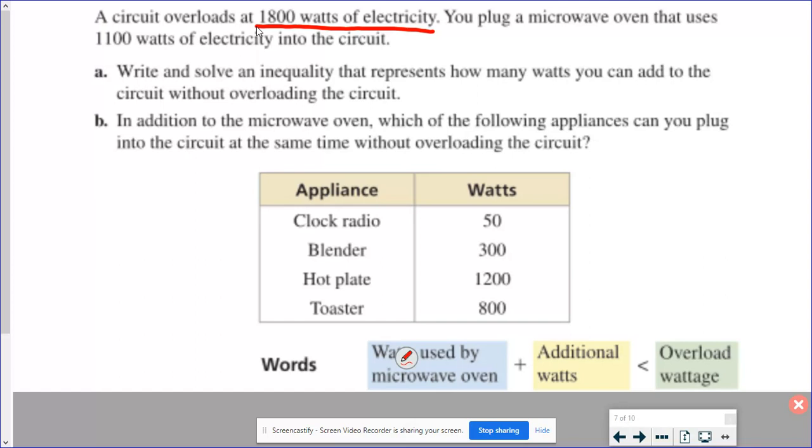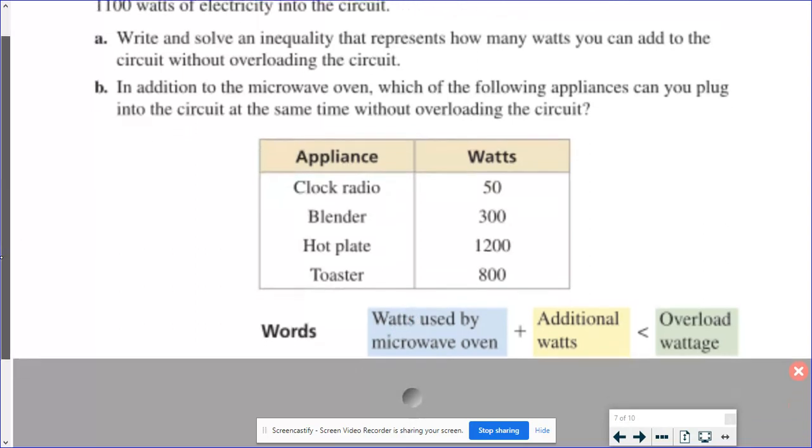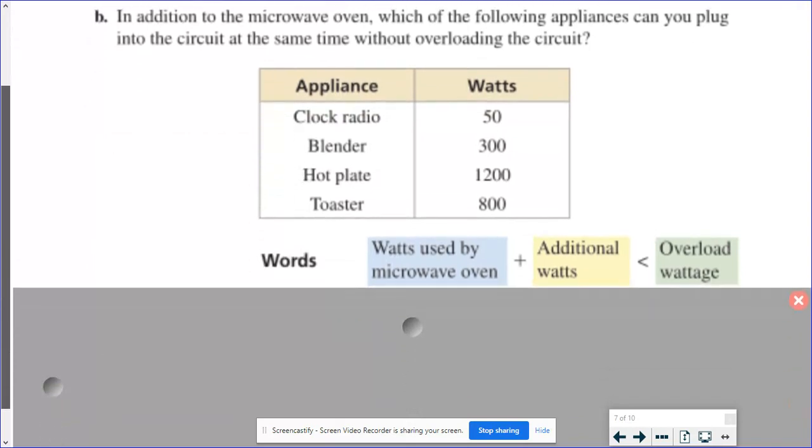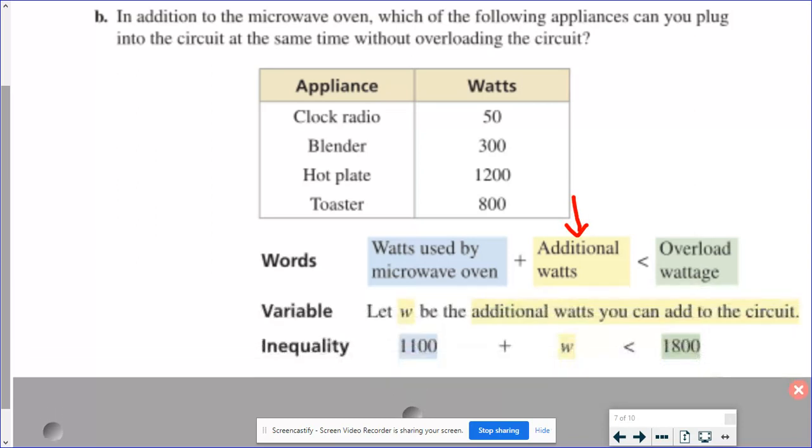What I'm looking for here, the additional watts that I can use, and I have all of this information here too, that's this. I want to find how many more watts I can use. So the microwave uses 1100. I want to figure out how many more watts I can use, and it has to stay under 1800.